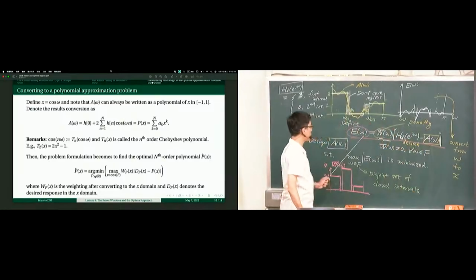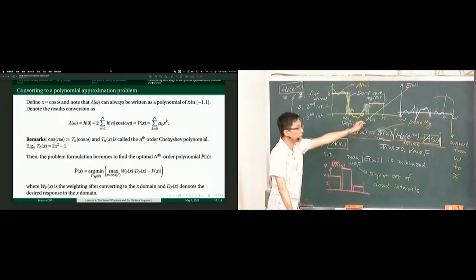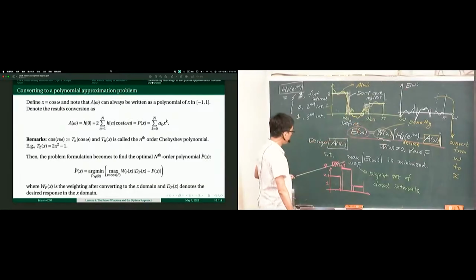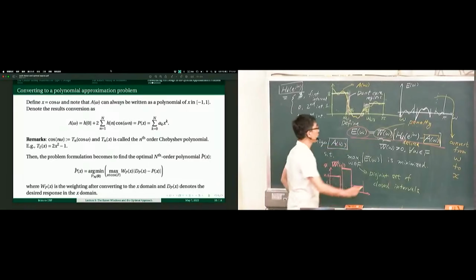But already here we can consider the next step. We have plotted the weighted error, right? Then can you, just by inspection, tell me where the maximum approximation error is? Where in this plot is the maximum absolute approximation error? It looks like it's right here, at this frequency.